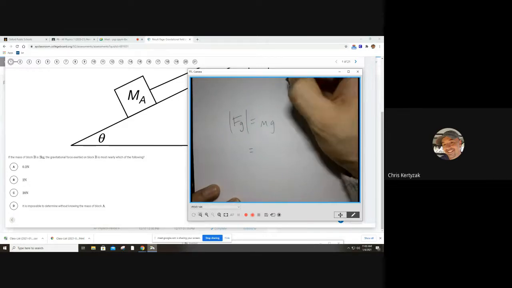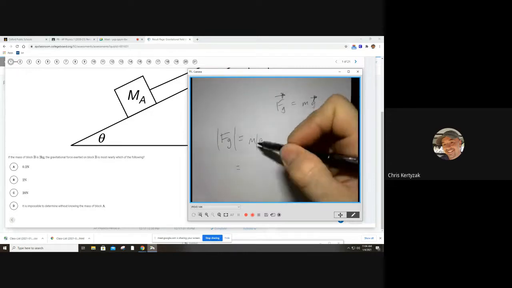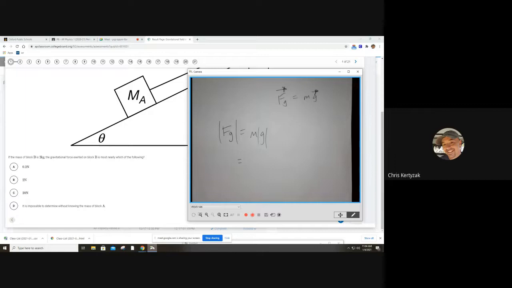If you wanted to write it as a vector, usually you would write Fg as a vector equals m times g as a vector, meaning that the gravity force, which is down, is in the same direction as the vector on the other side of the equation, which is g, Earth's gravity, which is down. In magnitude, technically, you'd write it like that so that you weren't putting in a negative for g if you were wanting just the quantity, the amount of weight.